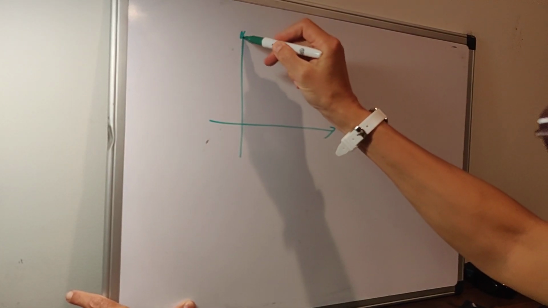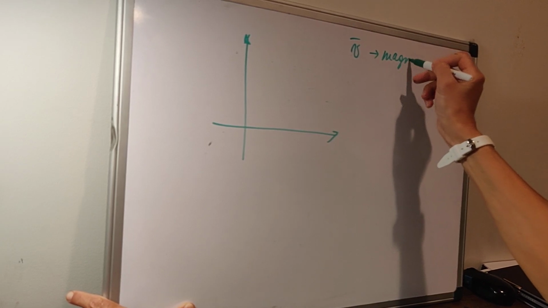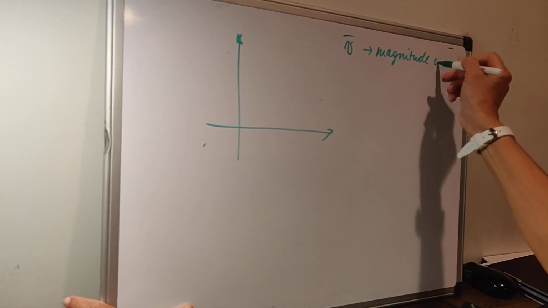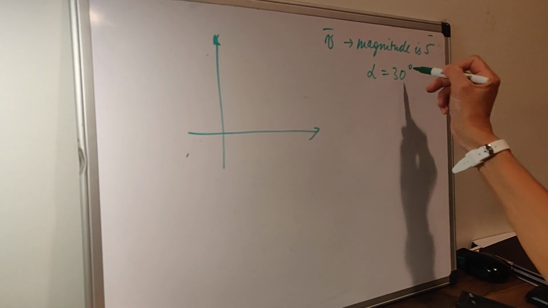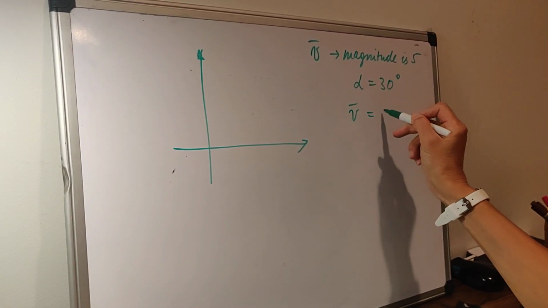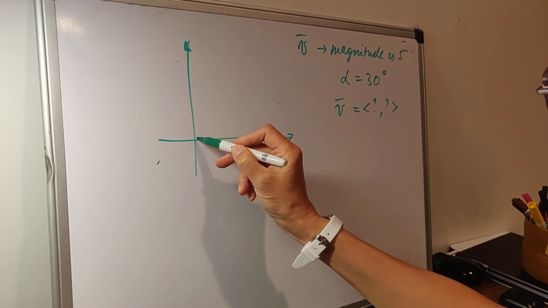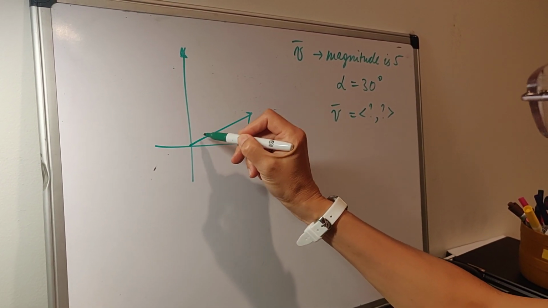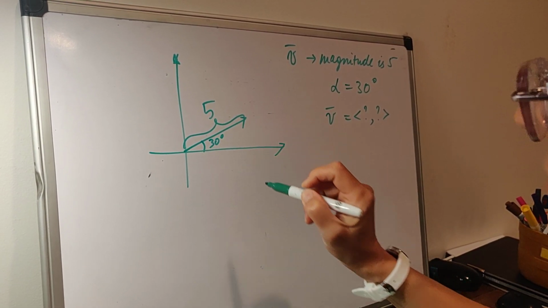Imagine that somebody gives us a vector v and tells magnitude is 5 and direction angle is 30 degrees. Can you actually find the position vector? Well, I'm going to draw the picture, but actually it's not necessary. So we know that this length is 5. We know that this is 30 degrees.